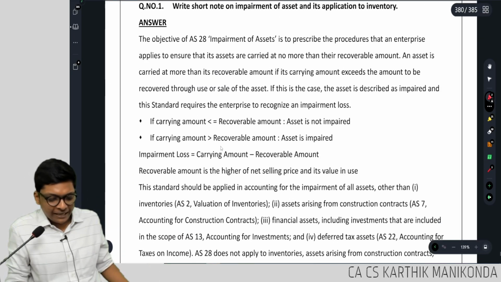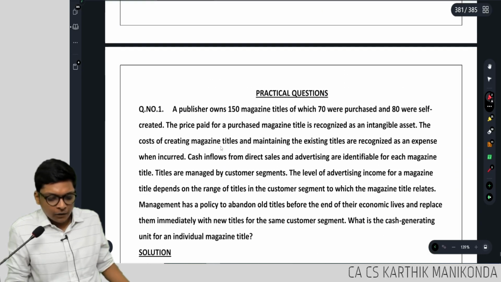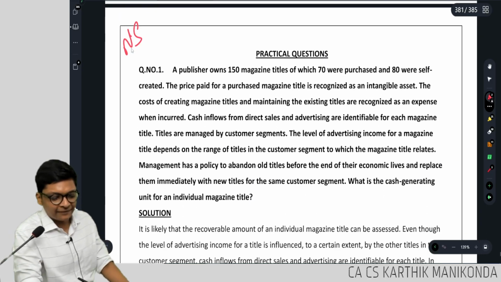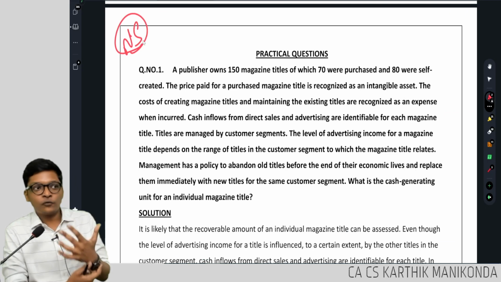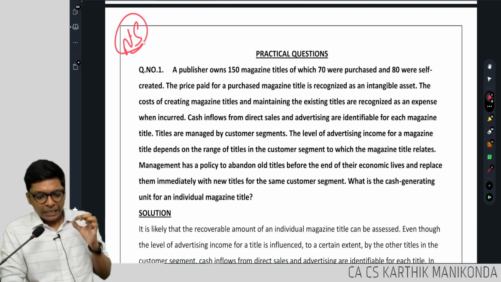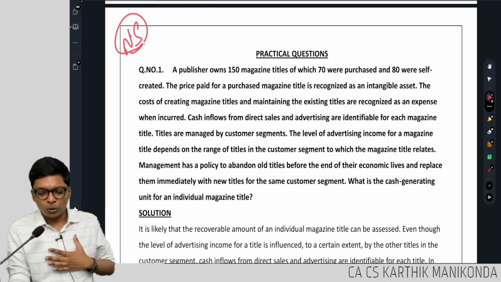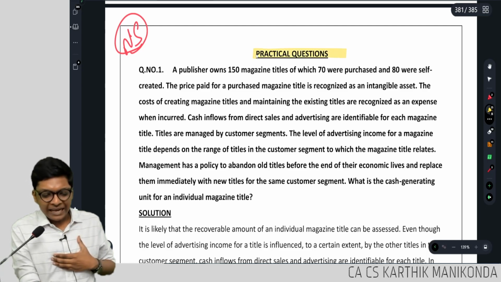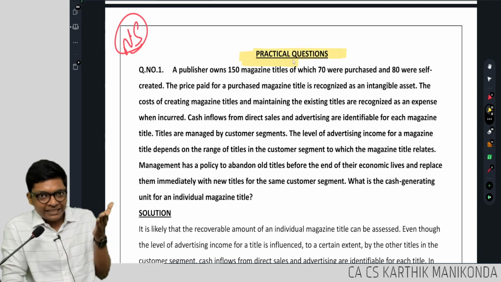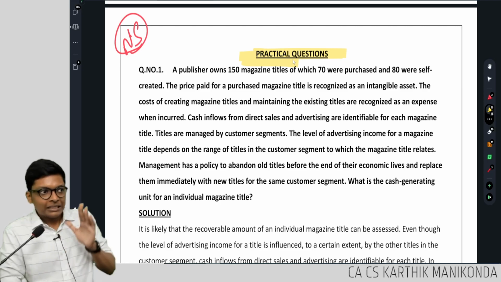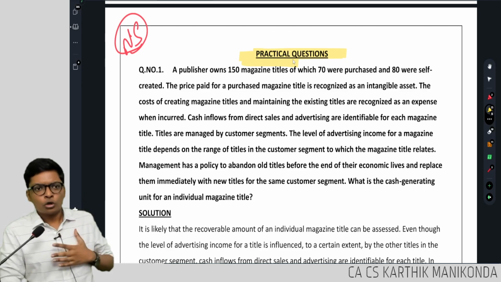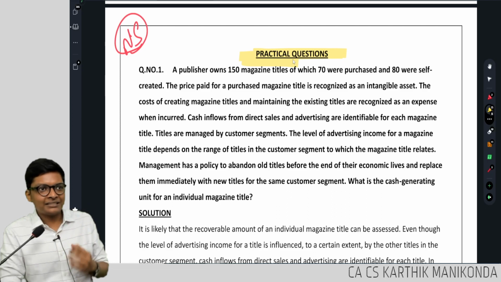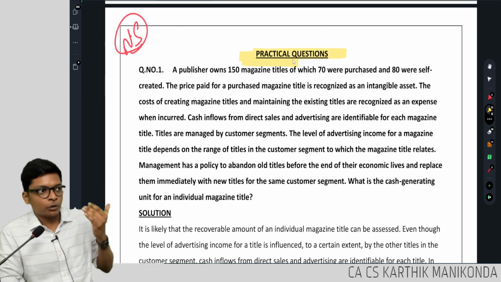We are going to go to the practical questions in the book. In the new syllabus, I have told this many times, but since a few students have newly joined us, in the new syllabus, the practical questions behind every chapter have been added a lot. Your new syllabus study mat roughly has 100 new questions compared to the old.